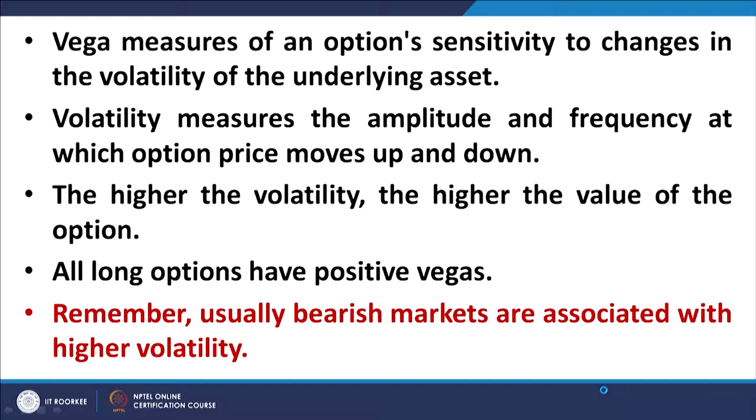All long options have positive Vegas, and usually in a bearish market, volatility tends to increase. That is an empirically observed phenomenon: when the market tends to go bearish, the volatility tends to increase, and when the market tends to go bullish, it is relatively reduced.